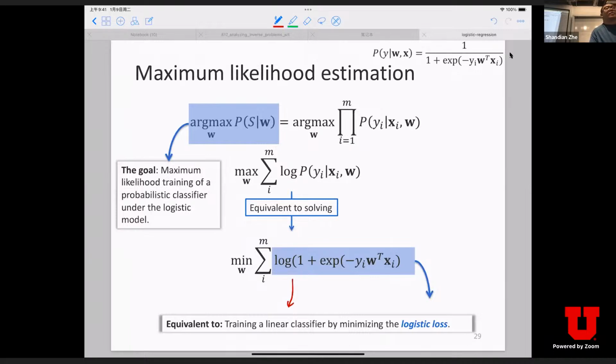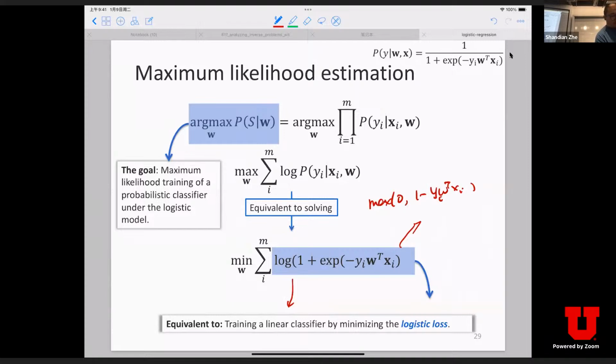It's a loss function. And for the SVM, we have a different loss function, which is called hinge loss. To contrast, the hinge loss looks something like this: max of 0 and 1 minus y w transpose x. You can see it's very similar.